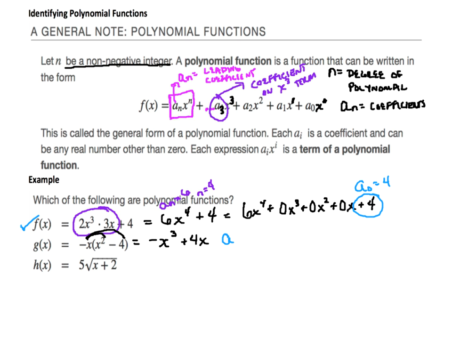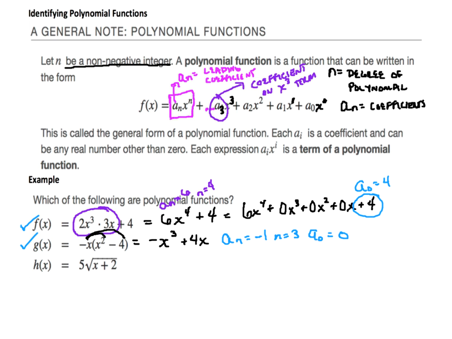In this case, a sub n is equal to negative 1, n is 3, and a sub 0 is equal to 0, because remember, a sub 0 is always your constant term. Well, there's not a constant term that you see there, but it's understood to be there. So this is a polynomial function.